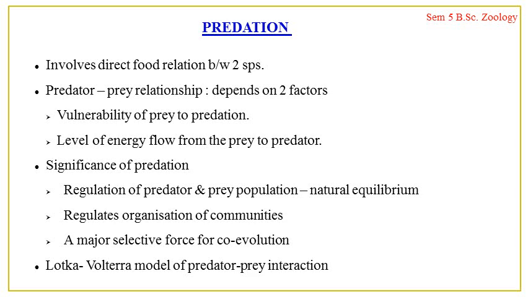Predation actually promotes specialized adaptations in predator and prey populations. Predators develop adaptive features for hunting down the prey, while at the same time the prey specializes by developing adaptive features for escaping or defending against predation.